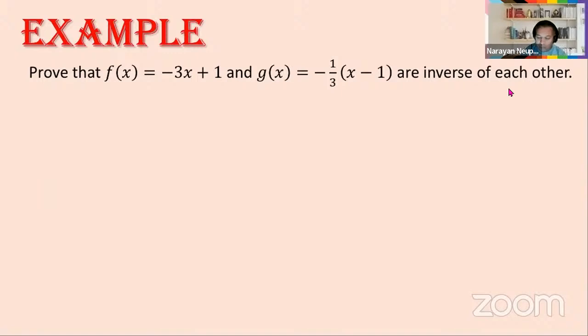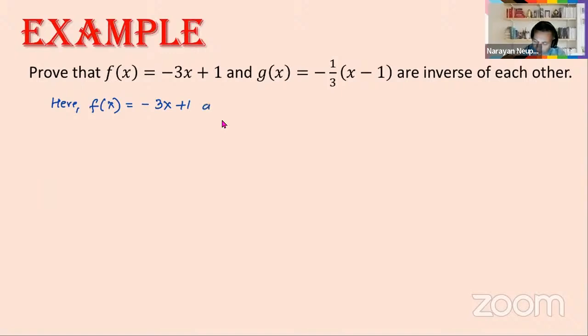So we'll start with the given functions. Here, f of x is equal to negative 3 times x plus 1. Make sure you understand the meaning of that. In this function f, when the input is x, the output will be negative 3 times that input plus 1. So whatever we input in that function machine, your output will be multiplied by negative 3, then added 1.